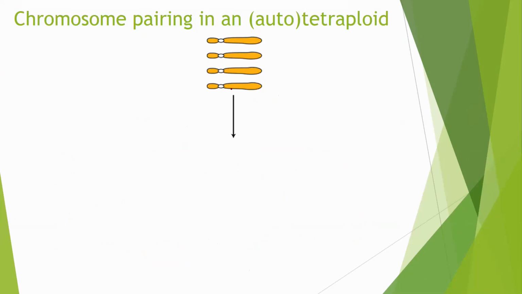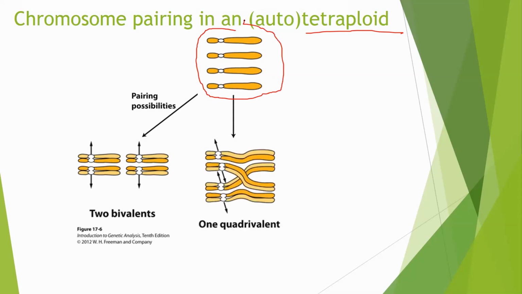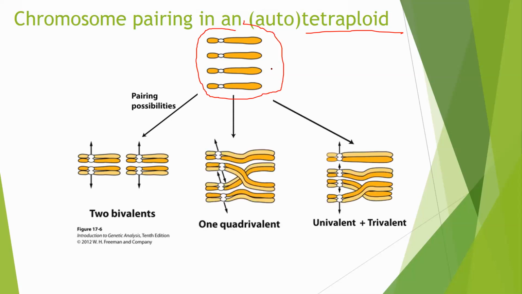Okay, good. All right, let's look at the tetraploid. For each chromosome, there are 4 copies, right? Technically there are 3 possible ways for them to be paired together during meiosis.